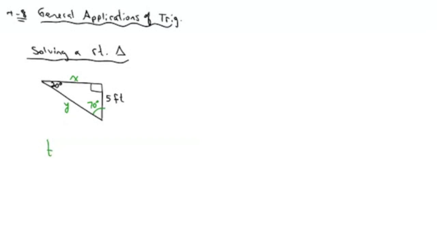So tangent of 20 degrees is equal to 5 over x. Cotangent is great except when you get to your calculator, so it's better to keep it in the main three functions. So x is 5 divided by tangent of 20. Use that proportional trick where you can take the diagonals and switch them.